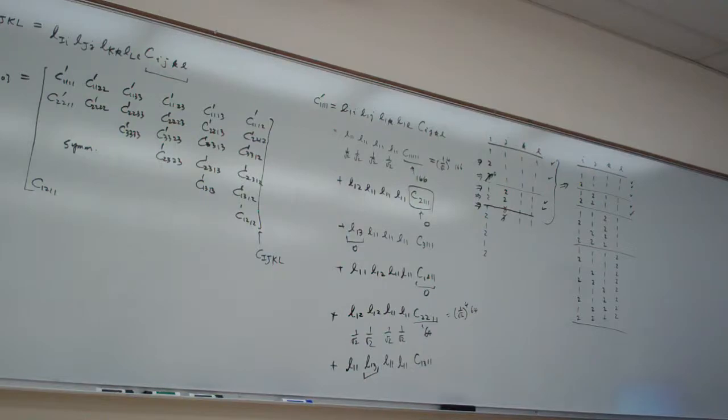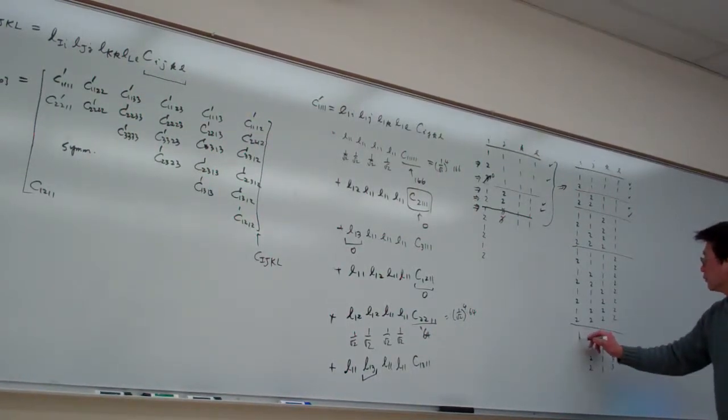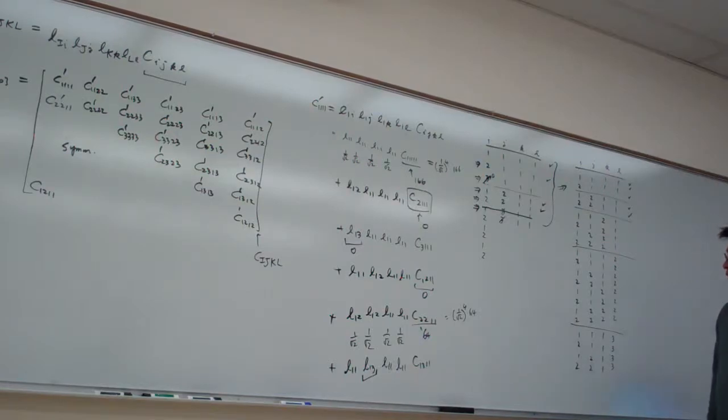Okay? And then here we can do the 3. Let me write up the first 2 cases of the 3, then let me proceed. Okay, 3, 3, and 1, 1, 1, 1, 1, 1, 2, 2, 1, 2, 1, 2.